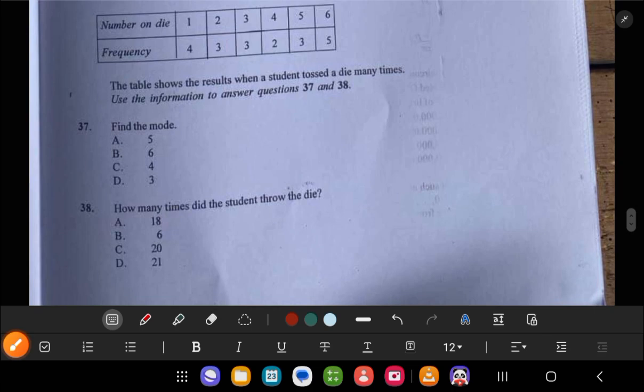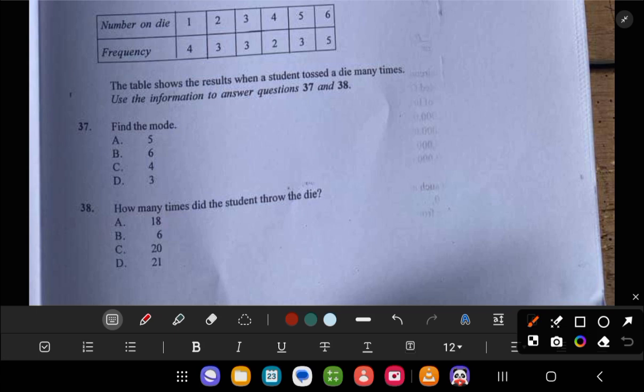So question 37 and 38. All right. We are given a table here with the number on a die and then the frequency. It means that the die was tossed a number of times. We are asked to find the mode.